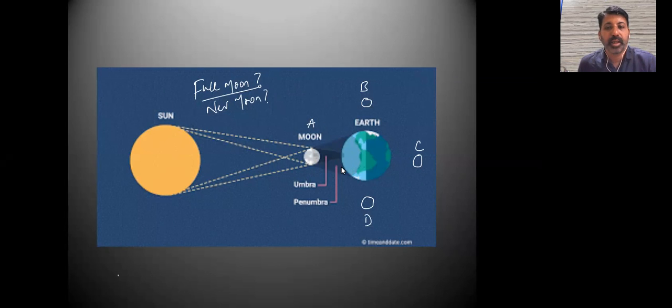Answer me. Out of these four positions, A, B, C, D, in which position you will be having a full moon day? Which position will have a new moon day? Anybody can say? Simply apply the logic, see the image, and you can answer it.